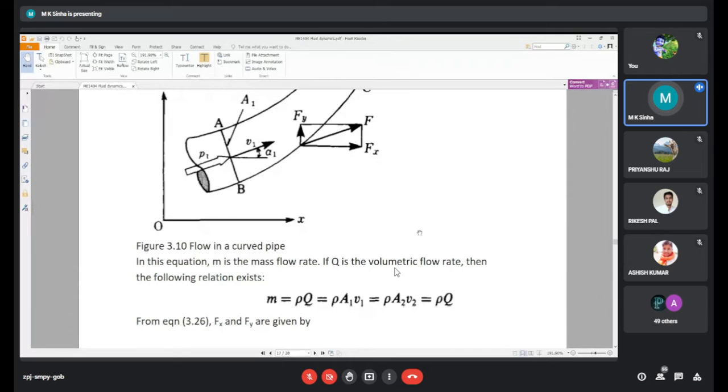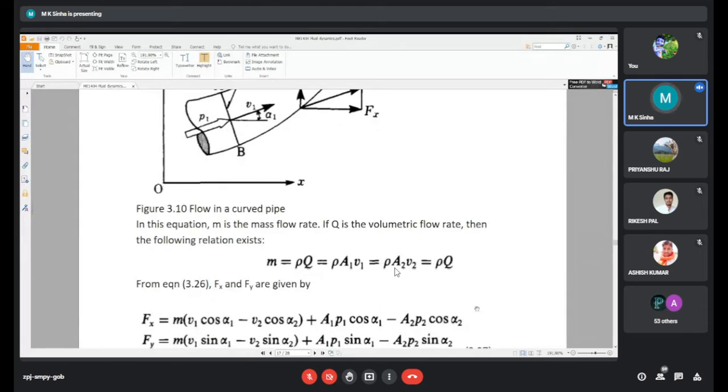In this equation, m is the mass flow rate, and if Q is the volumetric flow rate, then the mass is replaced in terms of density, area and velocity, which comes out as the discharge, which remains the same because the control volume cross section remains the same.